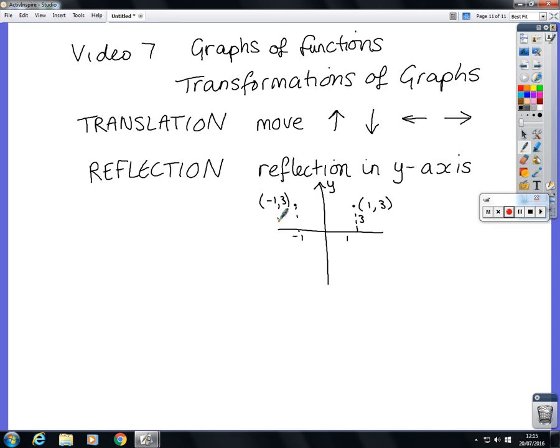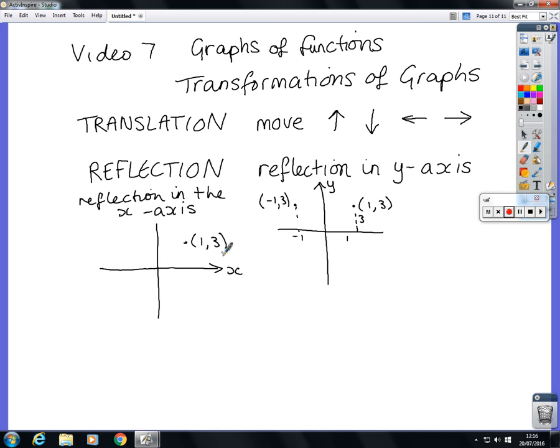Reflection in the x-axis. If the x-axis is horizontal, a point 1, 3 is going to become 1, -3.